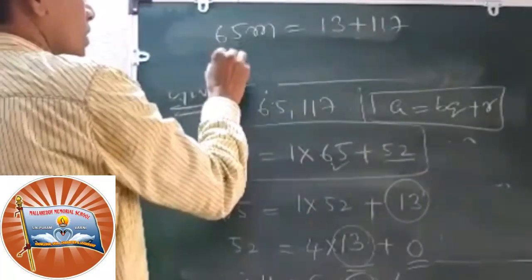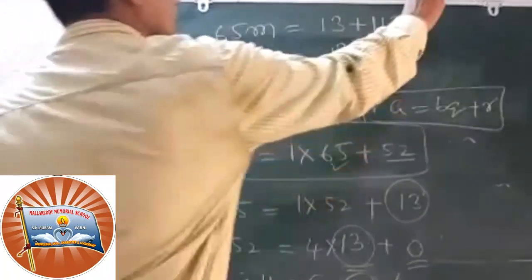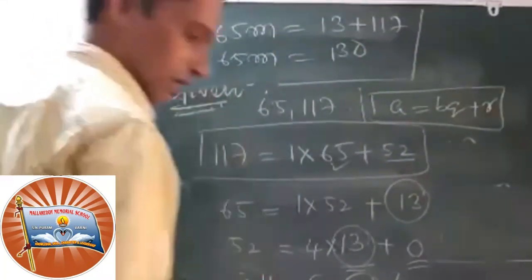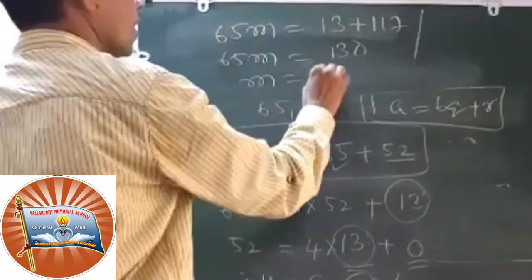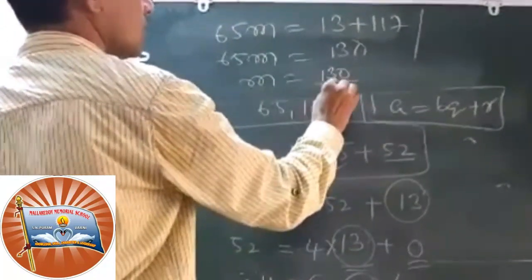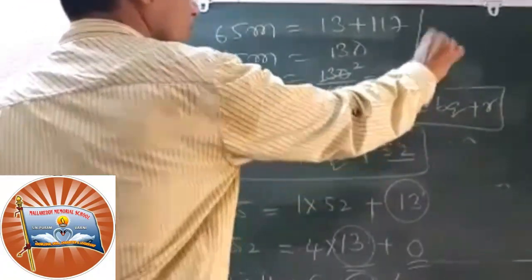Now tell me, 65m is equal to 130. Then what do you do? m is equal to 130 by 65. 65 twos are 130. So m is equal to 2.